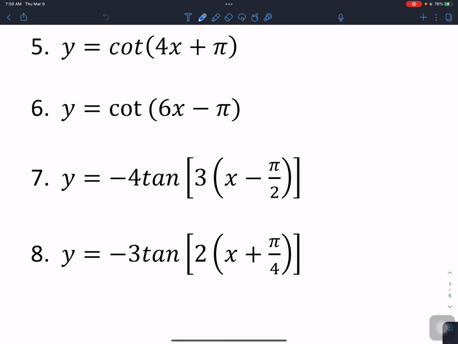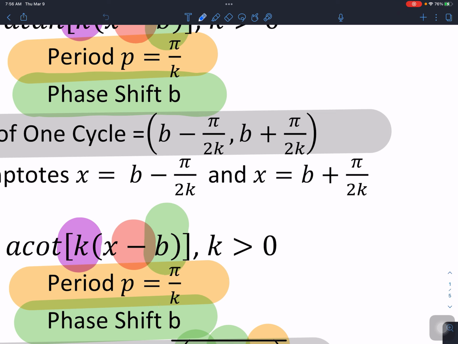Where is my tangent curve? There we go. It is B minus pi over 2k, and then B plus pi over 2k. Remember, without the phase shift, it's just minus pi over 2k and positive pi over 2k. But because you have the phase shift, you've got to insert the B for both of those values. So be very, very careful.